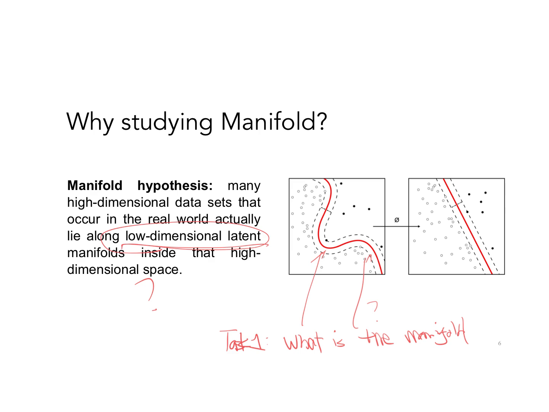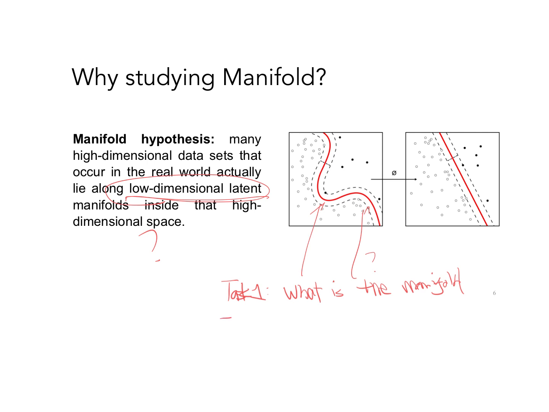Step two is to think about whether I can find a low dimensional structure. Okay, so when people say that I'm doing manifold learning, it actually means very different things.